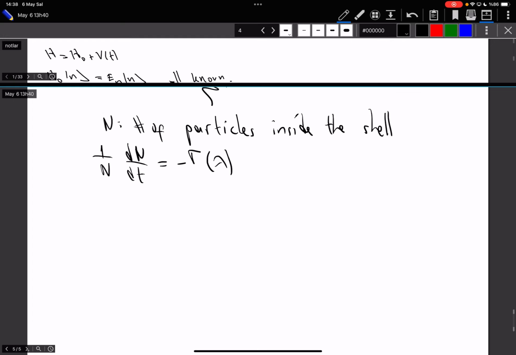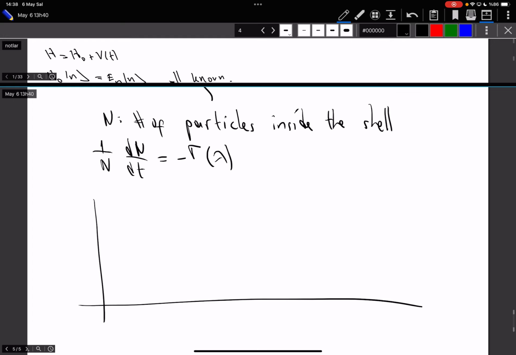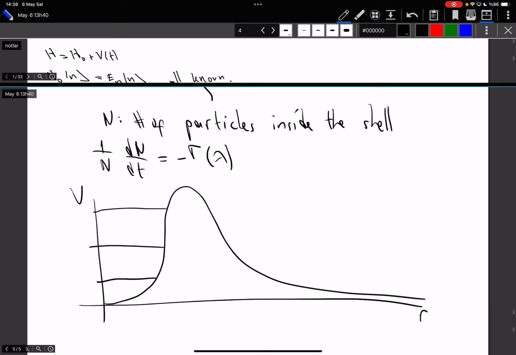In fact, a more general case would be if you would plot your wave, this is your potential, let's say. Now, if this peak was infinitely high, you would get some eigenstates having these energies. If it's not infinitely high, they are not exact eigenstates, but they are approximately eigenstates in the sense that if you create a particle within that state, it will live long without changing. You can still measure these particles by doing scattering experiments.